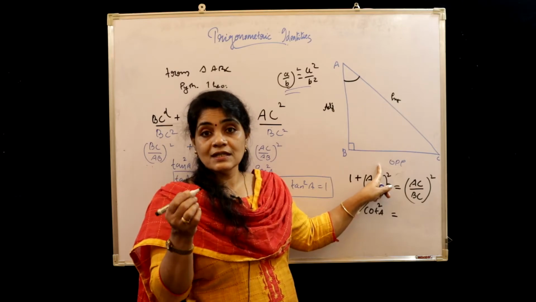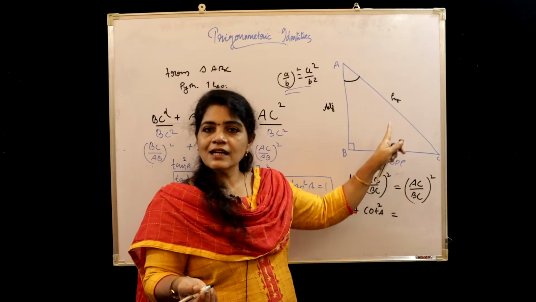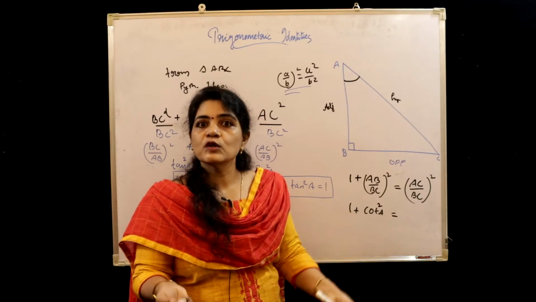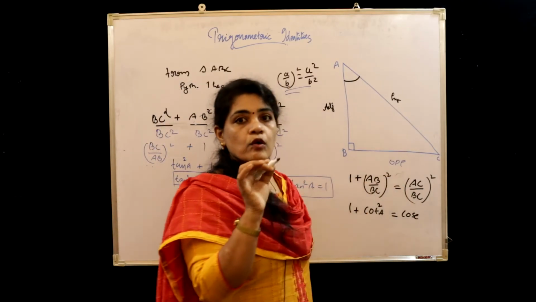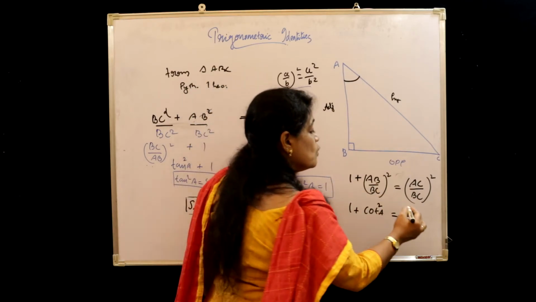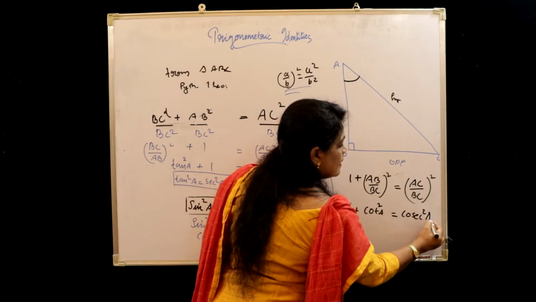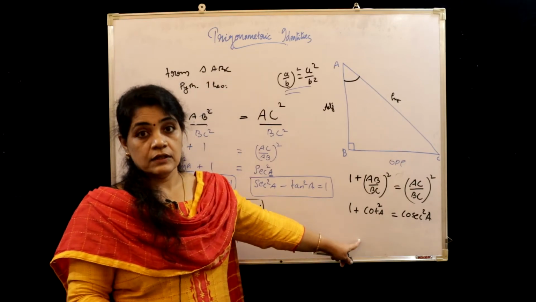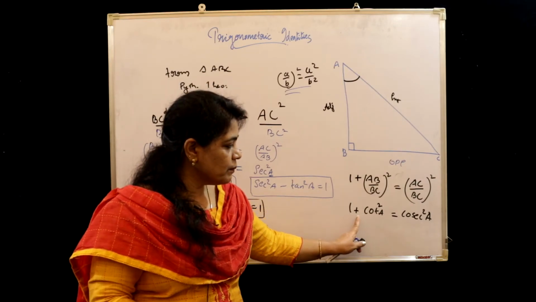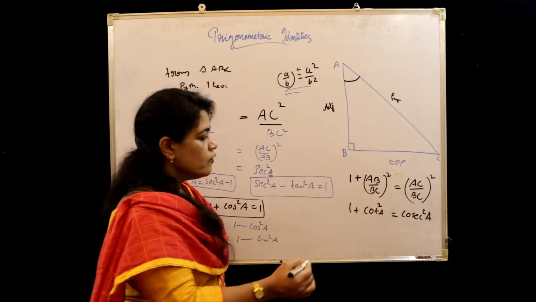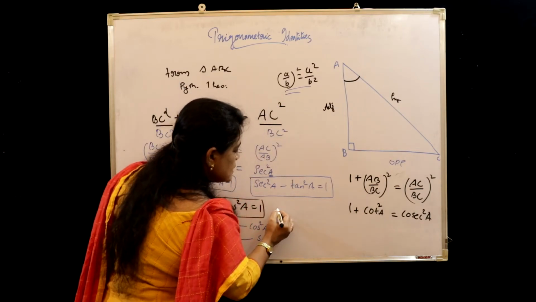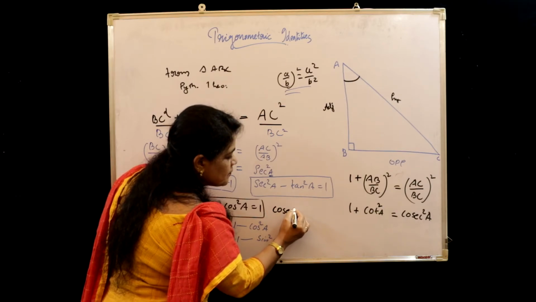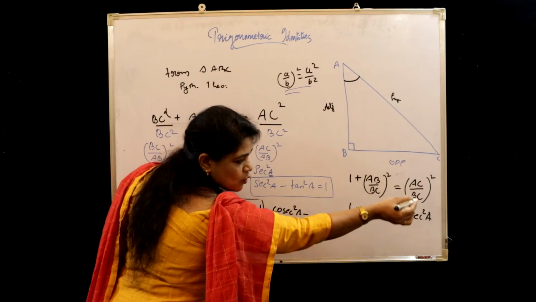Opposite by hypotenuse is sine, and its reciprocal is hypotenuse by opposite side. So cosec. Okay, so cosec A whole square, that is cosec square A. So this is the third identity. So for that I am keeping 1 into RHS. Okay, for that we can write from this, that is cosec square A minus cot square A.